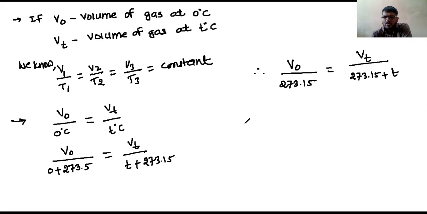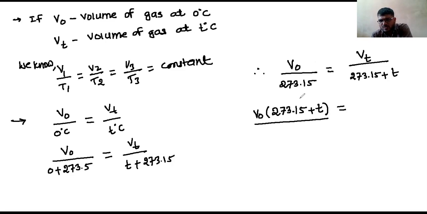Okay, now if I want Vt, how should I get the formula? See here, cross multiply. V0 into the bracket 273.15 plus t is equal to... or let this keep here only.